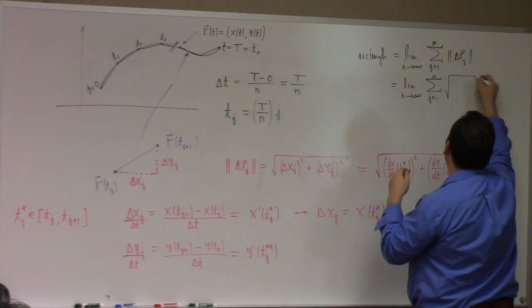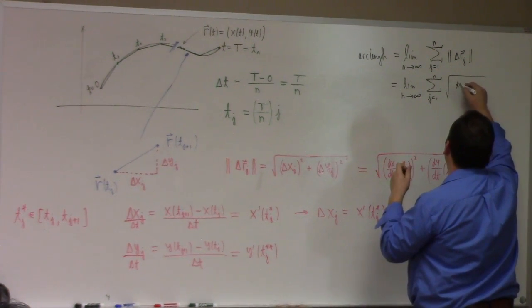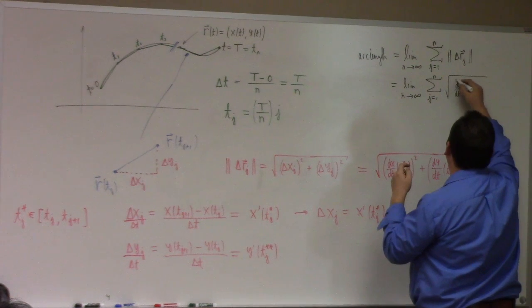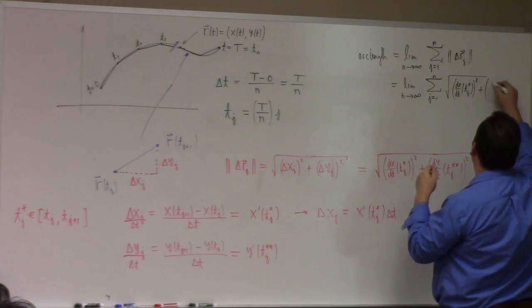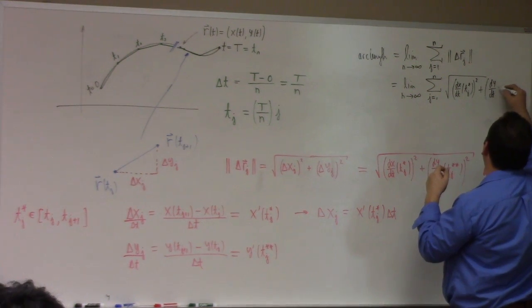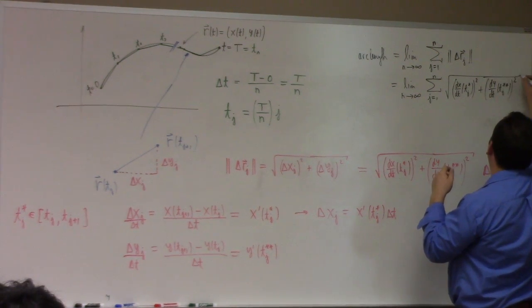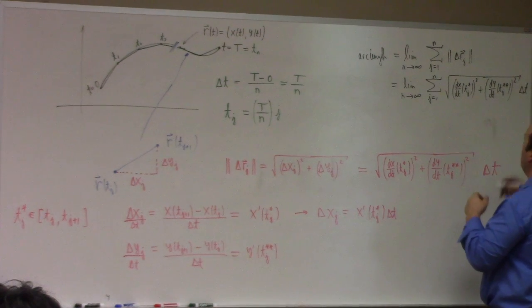The square root of dx dt at tj star squared plus dy dt at tj star star squared, times delta t.